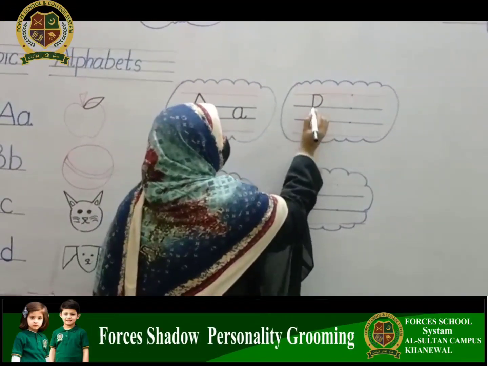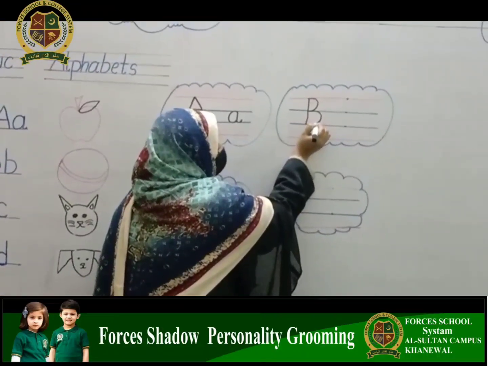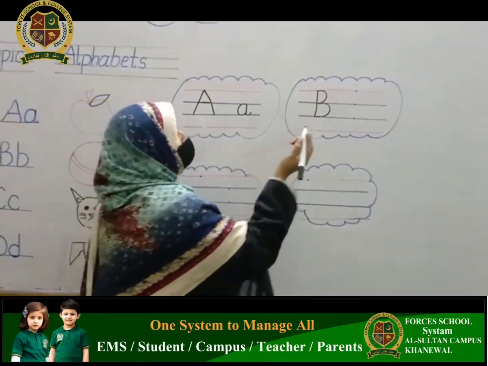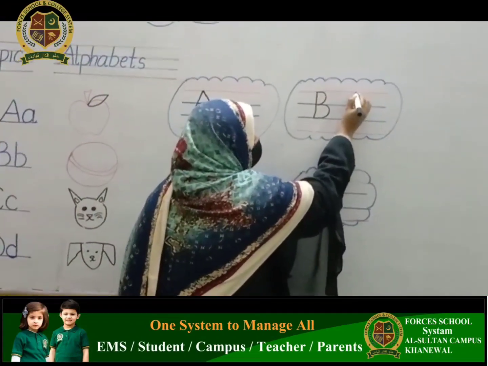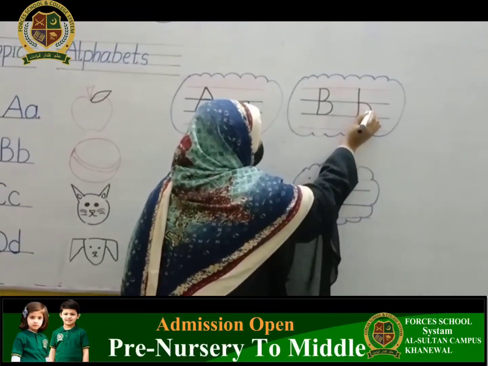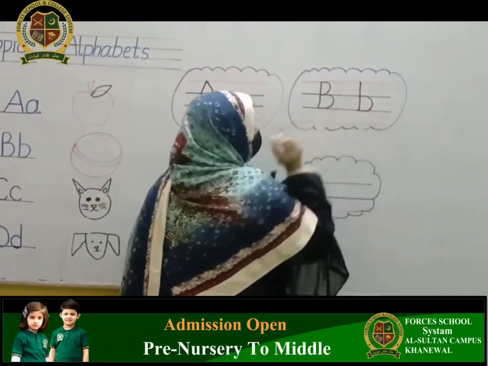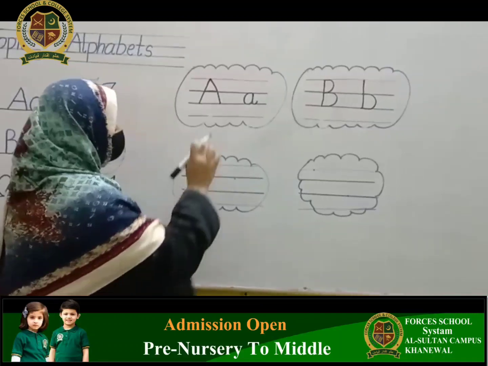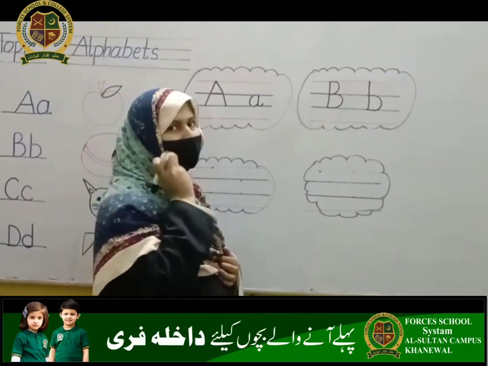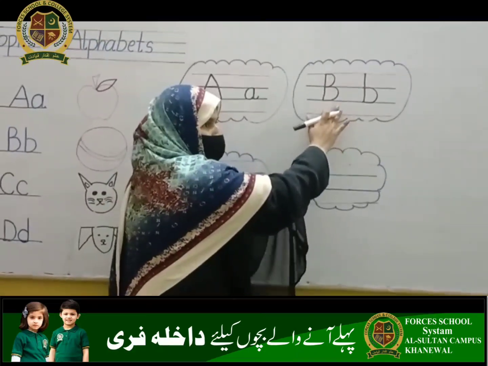The second belly is big. And the small b has one belly. And A for apple. B for ball.